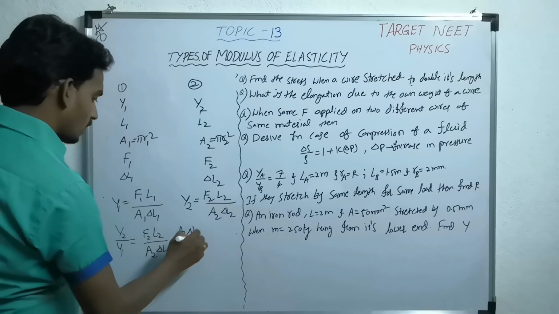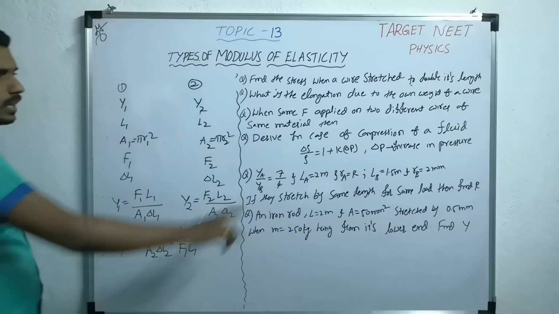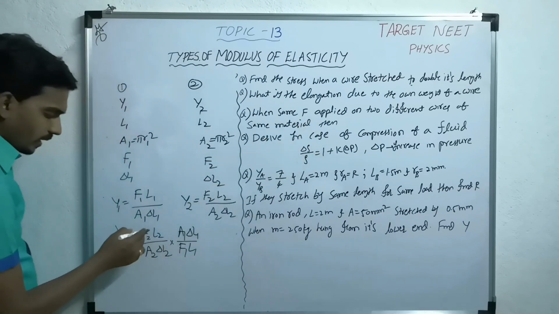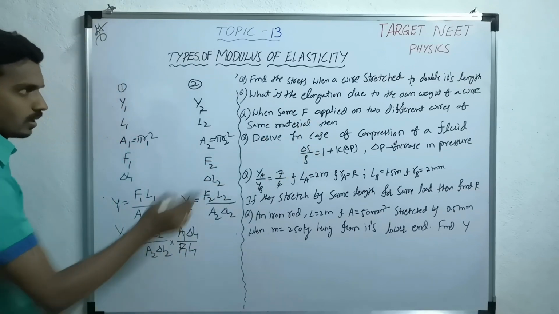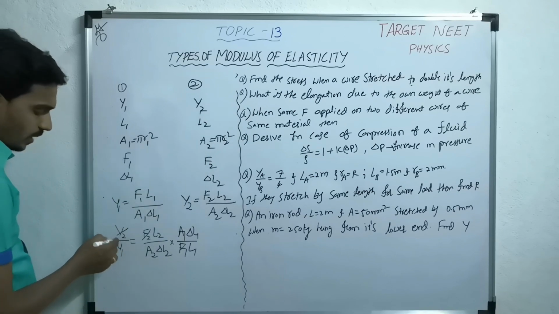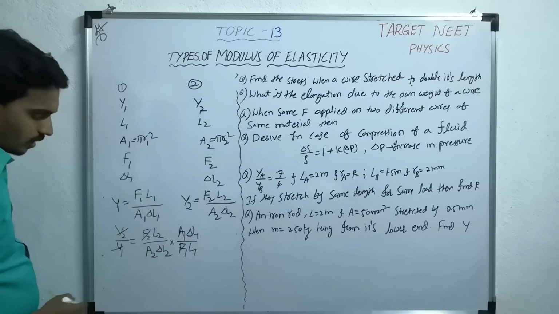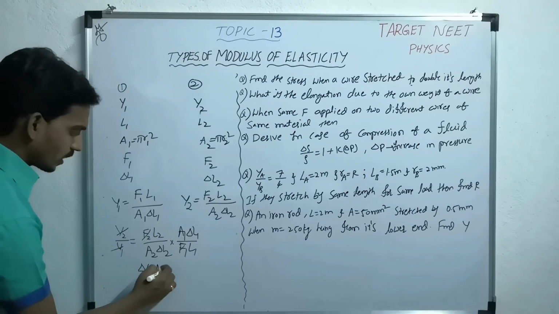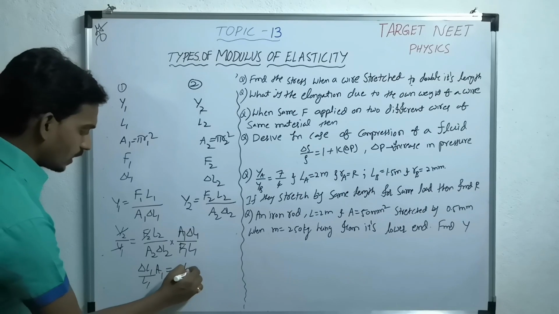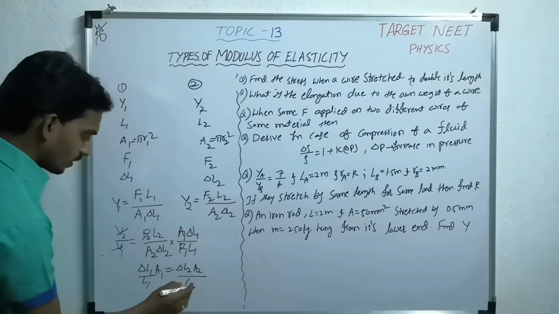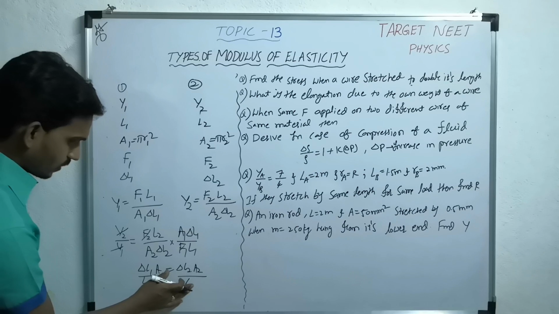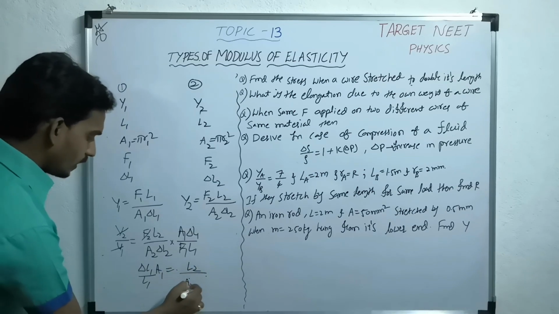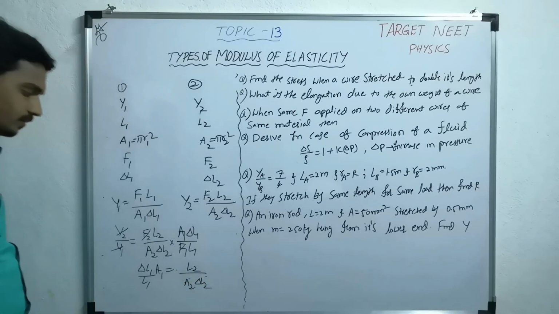So A1 delta L1. But according to the given situation, the force applied is same, F1 F2 cancel, and they are having same material, Y1 Y2 cancel. So that L1 by A1 delta L1 equal to L2 by A2 delta L2.